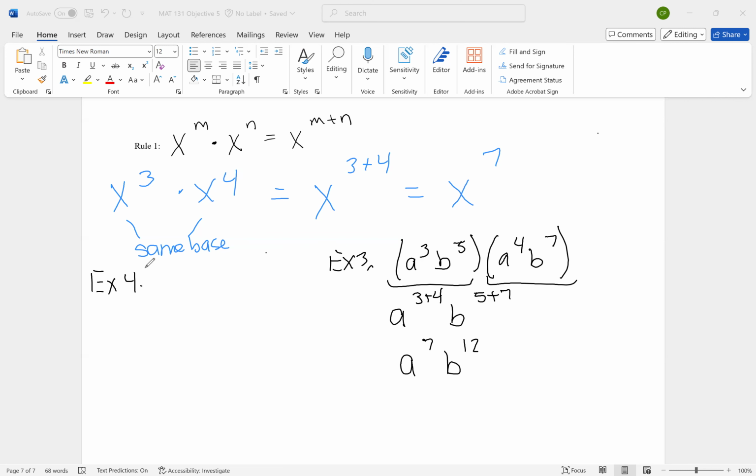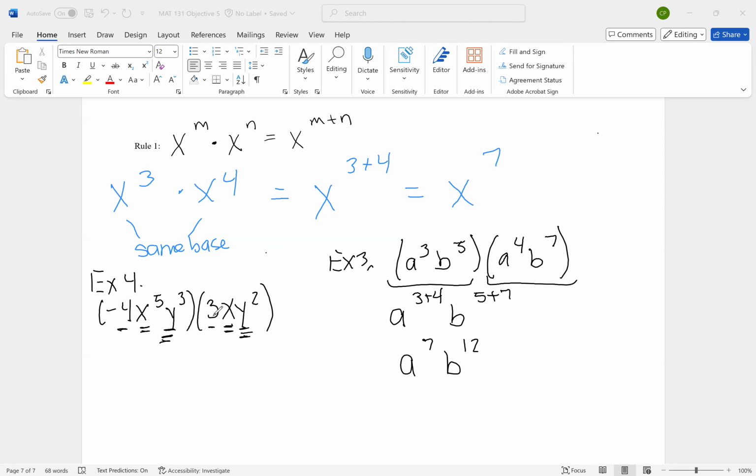So for example 4, if we had negative 4 x to the 5th y cubed times 3xy squared, we would multiply the numbers together and then put the ones with the base of x together. Then we will put the ones with the base of y together, okay?